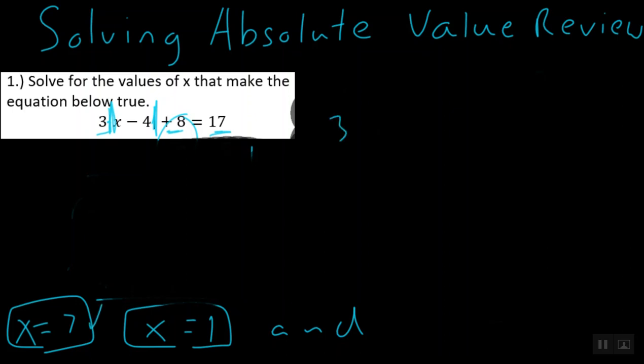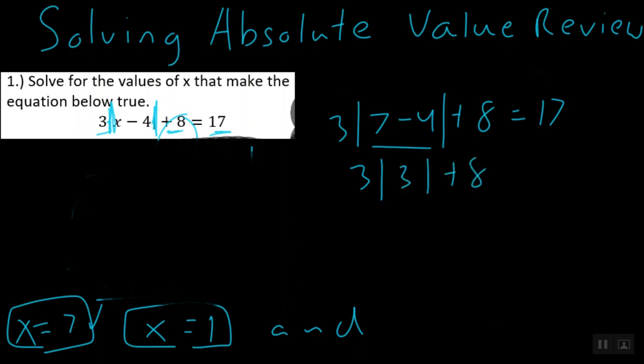So we have 3 absolute value, instead of x, I write 7 minus 4, close absolute value, plus 8 is equal to 17. Okay, so we're not going to solve. That's silly. What we want to do is simplify. So the absolute value of 7 minus 4 is the absolute value of 3, plus 8 equals 17.